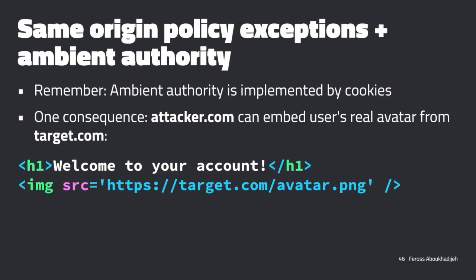If you happen to know that the social network will make this URL show the avatar of the currently logged in user, then you can include this in your attack site to make it seem like you know who the user is, which might make your page more convincing if you're trying to phish the user, right? So what's going to happen here is this request is going to have the cookies attached for target.com, and now this social network is going to get this request for this image. It's going to look and say, the cookie is for this user, okay, and return that user's avatar, and that will show up in this page, right?